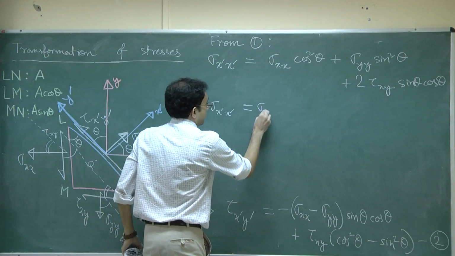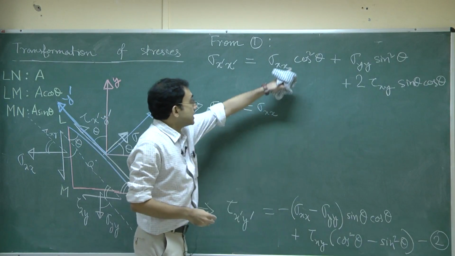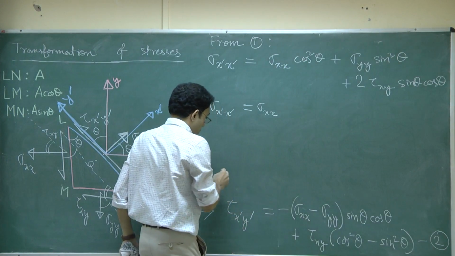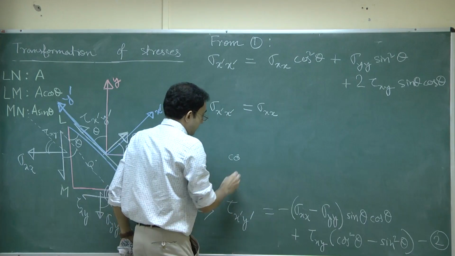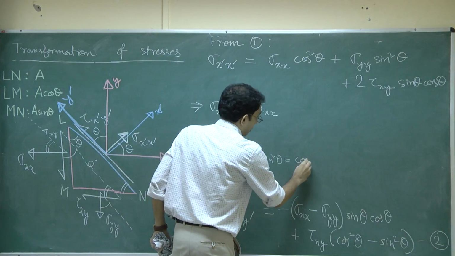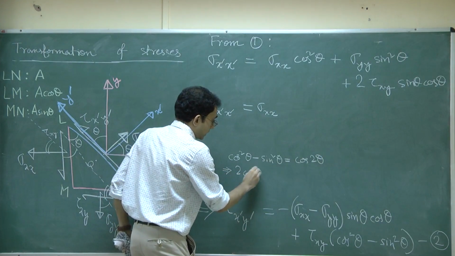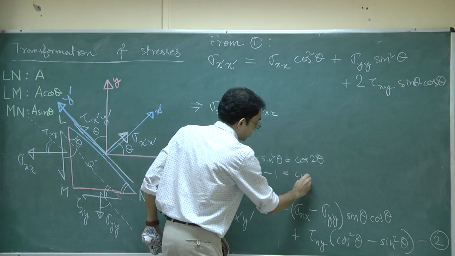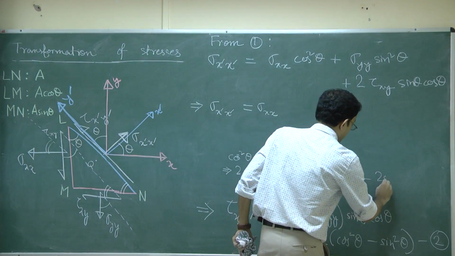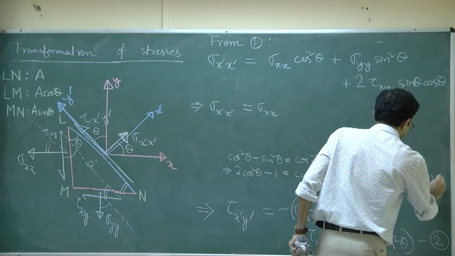So, using trigonometric identities from our high school, we just remind ourselves that we are going to use this thing, that cos square theta minus sin square theta is equal to cos 2 theta. So, that gives me twice of cos square theta minus 1 is equal to cos 2 theta, or 1 minus 2 sin square theta is equal to cos 2 theta.